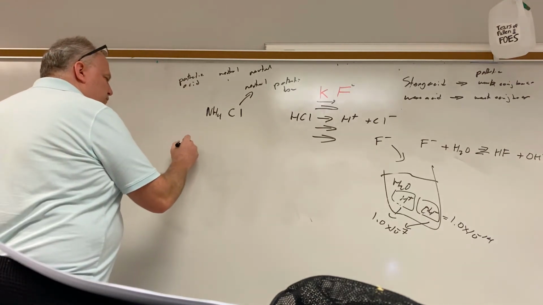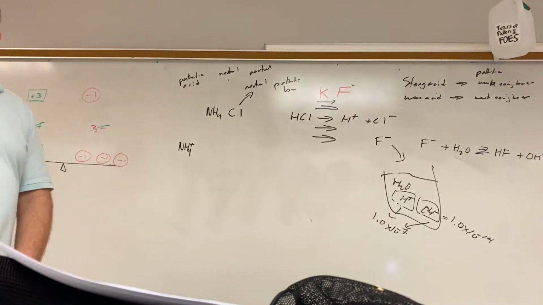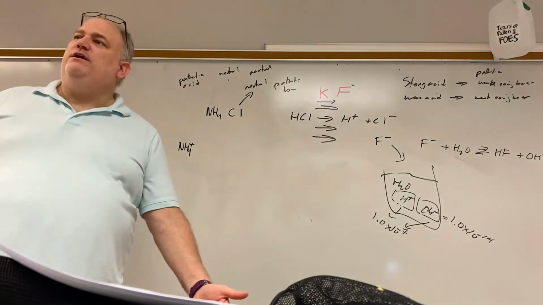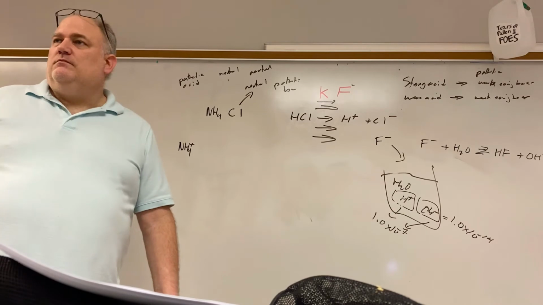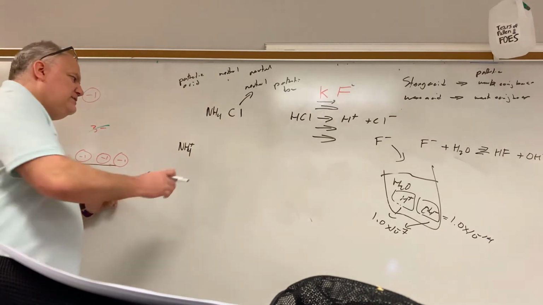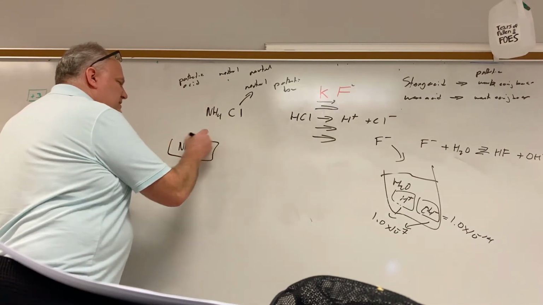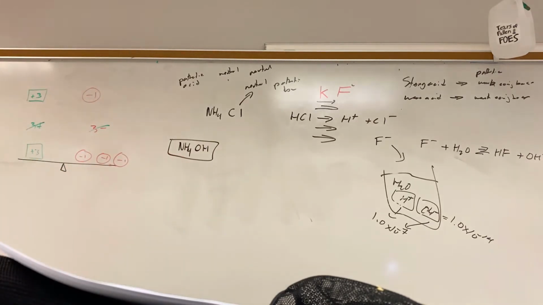So if we take a look at NH4+, there's a couple ways you can do this. One, you can know that NH4+ is the conjugate of NH3, right? And NH3 is not a strong base. Another way of looking at it is this. If you did NH4OH, this is the trick way that I do it.